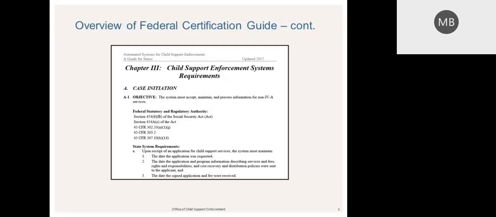The next section provides specific STIC system requirements. A. Upon receipt of an application for child support services, the system must maintain: 1. The date the application was requested. 2. The date the application program information describing services and fees, rights and responsibilities, cost recovery, and distribution policy was sent to the applicant.